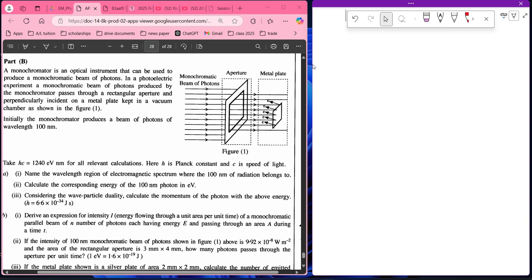And it passes through a rectangular aperture, perpendicularly incident on a metal plate kept in a vacuum chamber as shown in the figure.